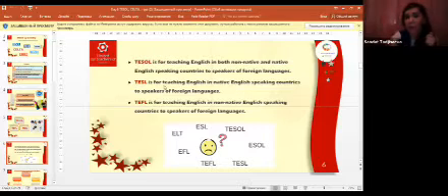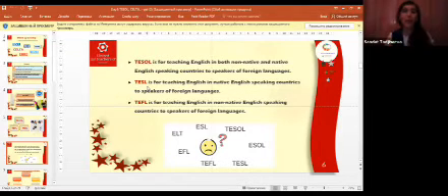So if you have a TESOL certificate, you are welcome to work in English-speaking countries like the UK, USA, Australia, New Zealand, but you are not teaching native English speakers there. You are teaching the immigrants or some other people who are from foreign countries and who speak a foreign language, but still they want to learn English.